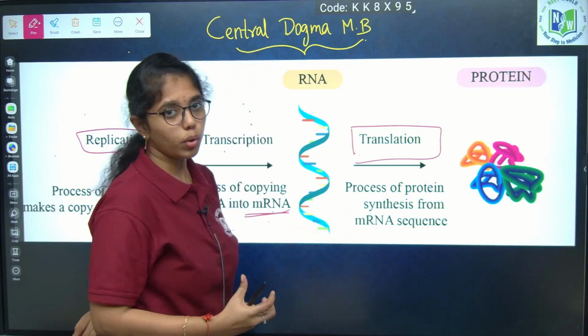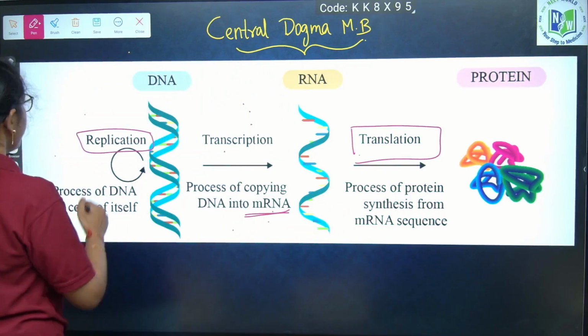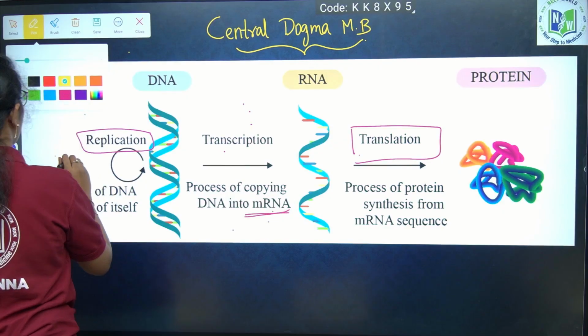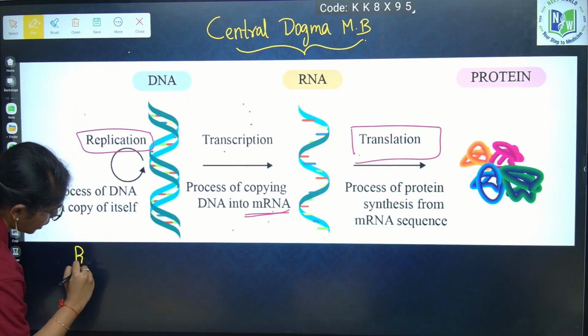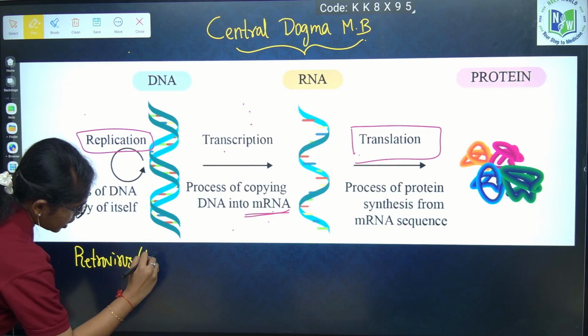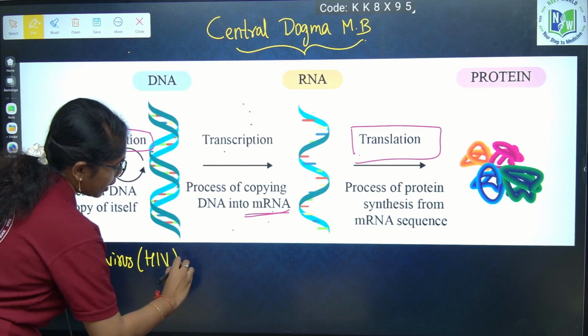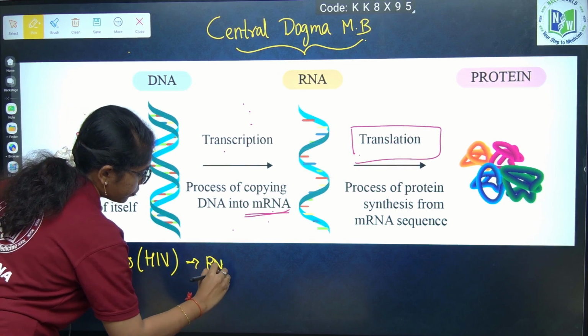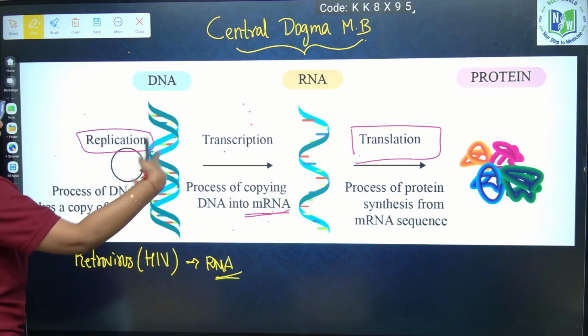But there are few exceptions. For example, retroviruses, there are few viruses. What are they? Retroviruses like HIV, where the genetic material is RNA. RNA cannot directly give the protein, right?